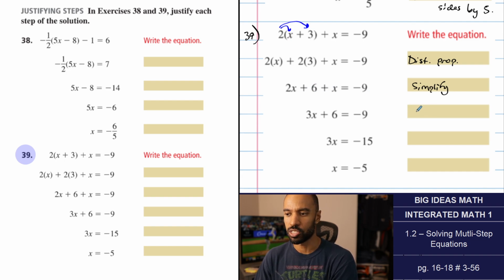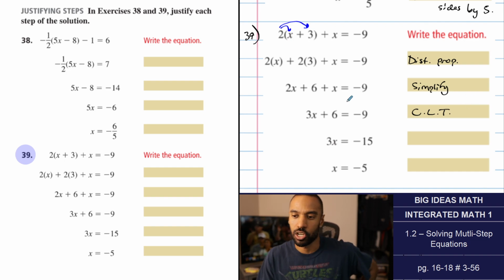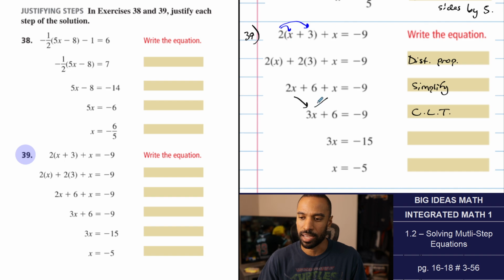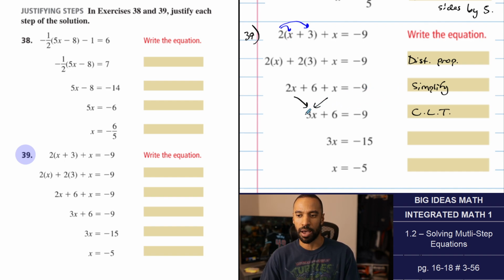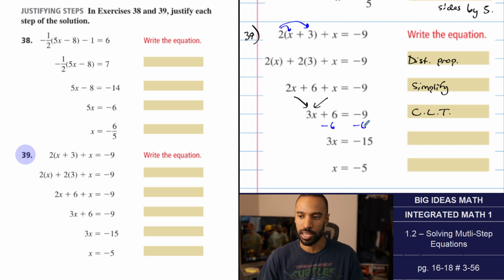I call this a simplification step as well, but to be very specific, I'll write CLT. What do you think that stands for, in case I do it again? Combining like terms. 2x plus 1x gave you the 3x. And from here, they are going to subtract 6 from both sides. And then from there, they are going to divide 3 from both sides. So let's write those two out. Subtract 6 from both sides.